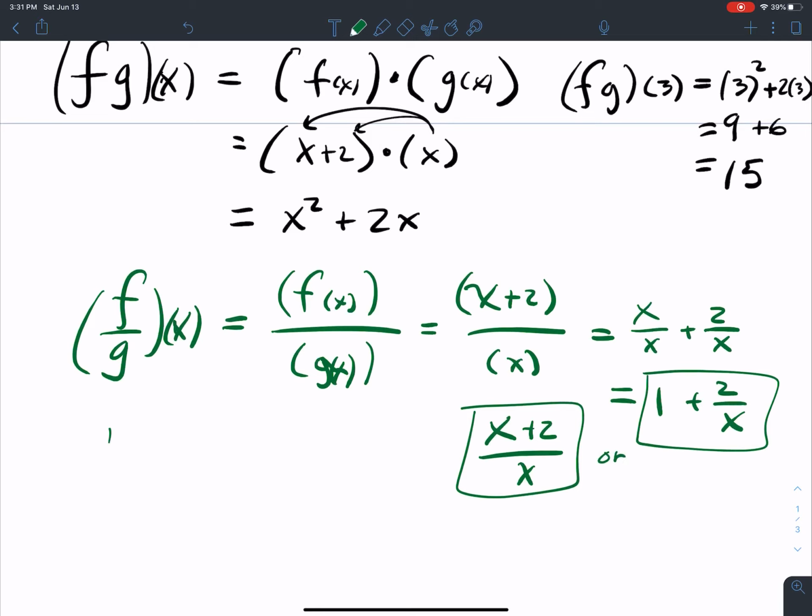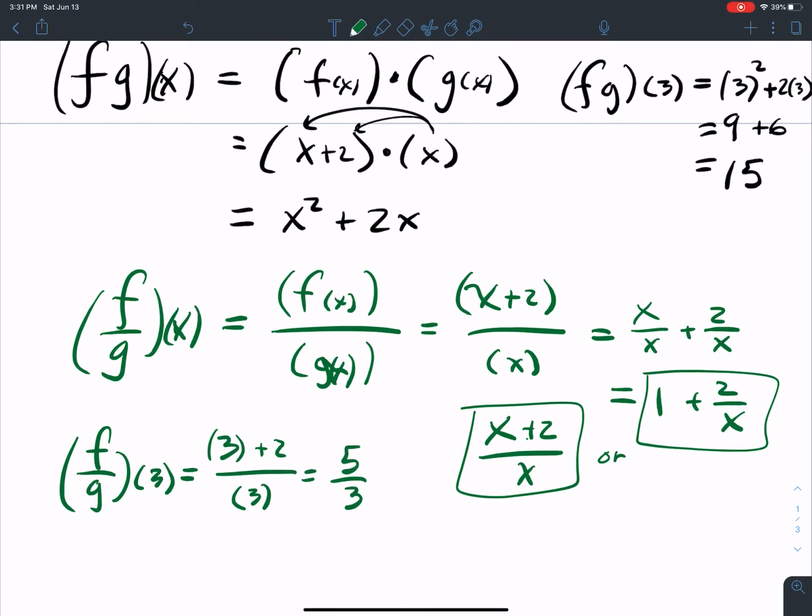Now, if I wanted to find f divided by g of 3, I plug in, I have 3 plus 2 divided by 3, so that's 5 over 3. All right? So the domain for the new function is the intersection of the domains of the two functions that compose it.